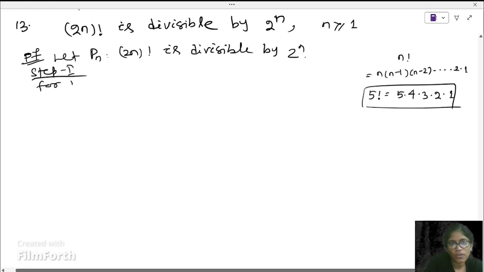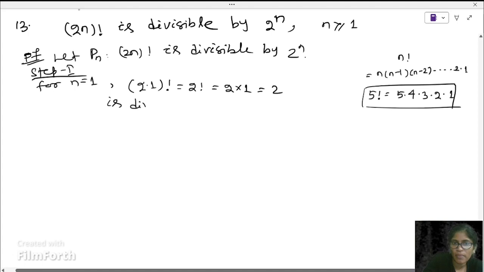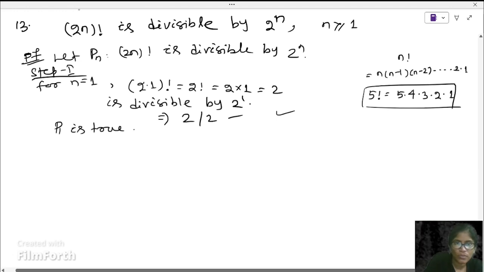For n is equal to 1, in place of n we will put 1. 2 into 1 factorial, which equals 2 factorial, that's equal to 2 into 1, which equals 2, is divisible by 2 to the power 1. That implies 2 is divisible by 2, which is right. So, P(1) is true.